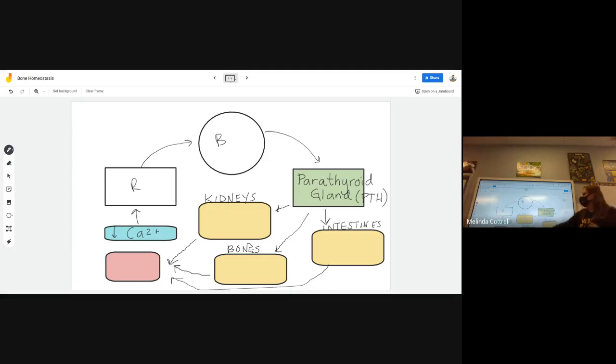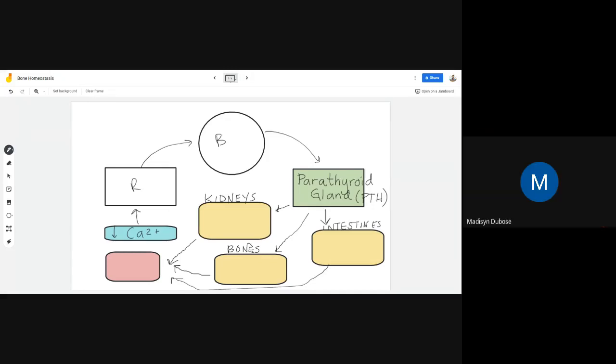All right, so if we have low calcium, let's start with the bones. What kind of cells are going to break down bone matrix and release calcium? So we had 4 types of bone cells: the osteogenic, osteocytes, osteoblasts, osteoclasts. Which one is going to break stuff down? Is it osteoblast?